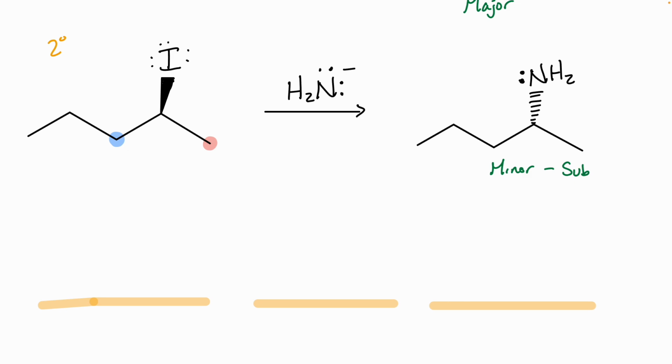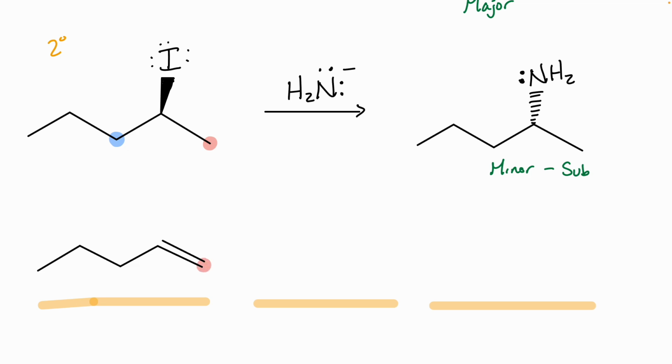All right, so remember when we do our elimination products, we're going to get rid of that halogen, but we also need to get rid of a hydrogen on one of our neighboring carbons. So if we get rid of a hydrogen on that red carbon, that means that we'll have that terminal alkene, our double bond on the very end.